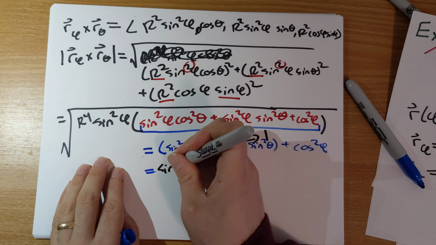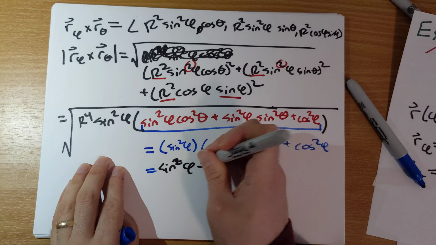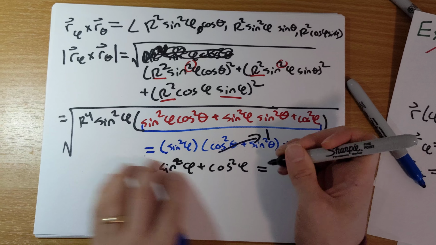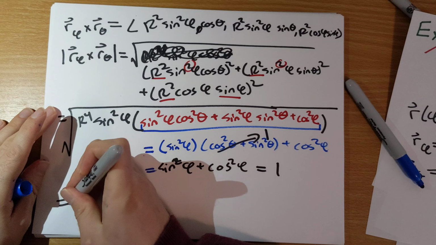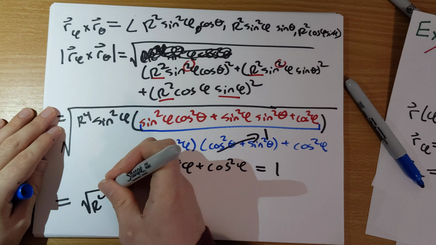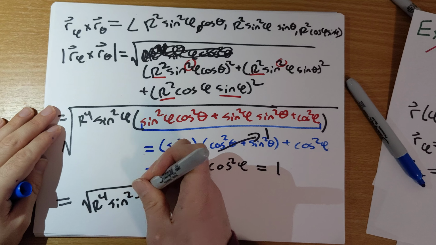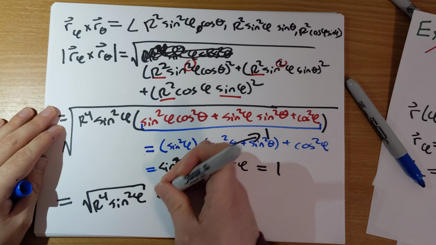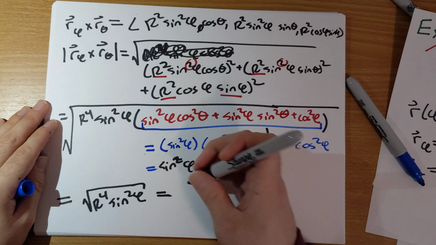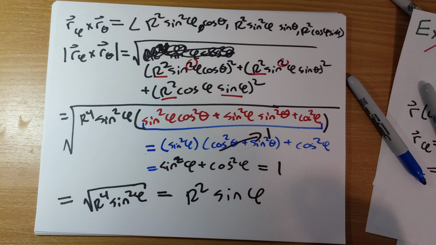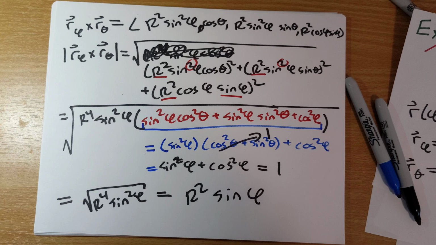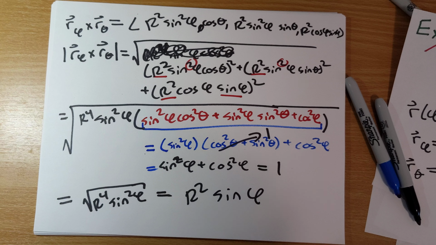And so it's sine squared phi plus cosine squared phi, and that's also 1. So all of that expression there is 1. And so we're just left with the square root of r to the 4th sine squared phi, and this square root ends up as r squared sine phi. For the values of phi that we're thinking about, sine phi will be positive, so the square root of sine squared phi will just be sine phi.